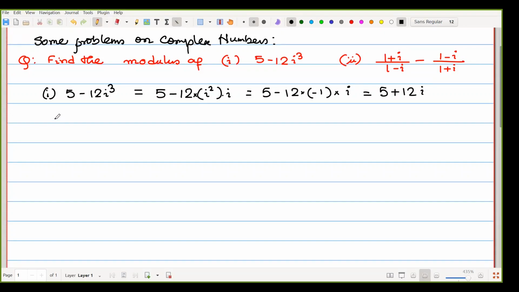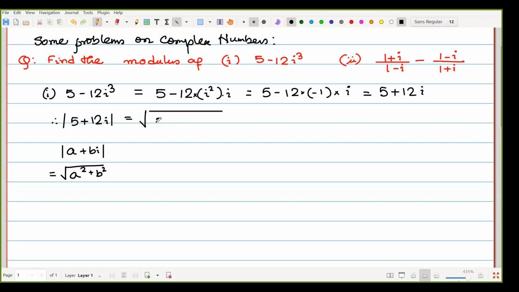So we have the modulus of 5 plus 12i. Suppose a plus bi, its modulus can be written as square root of a square plus b square.